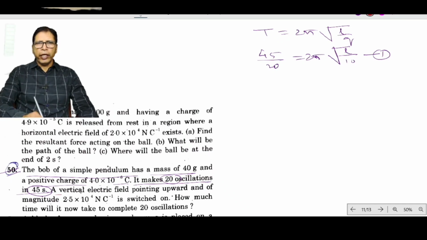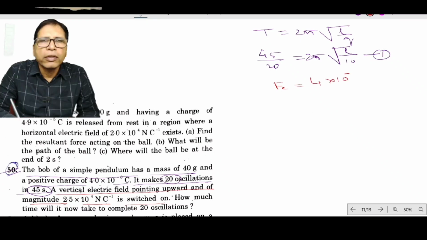Okay. A vertical electric field pointing upward of magnitude 2.5 into 10 to the power 4 Newton per coulomb is switched on. So the vertical force on the bob, F, equals charge into electric field.